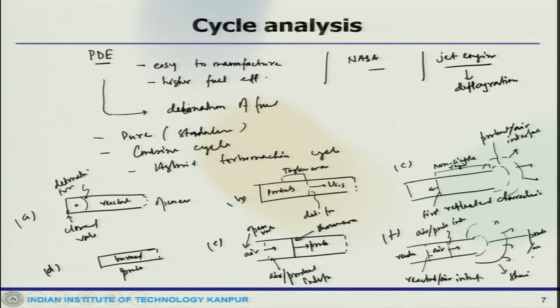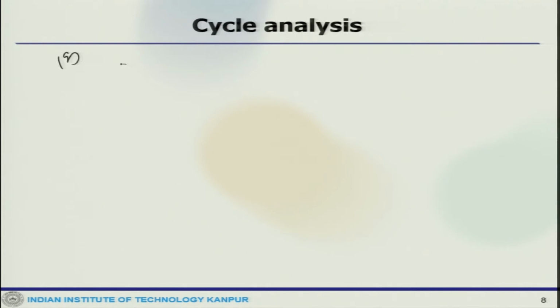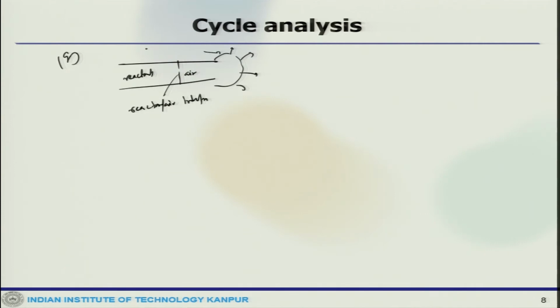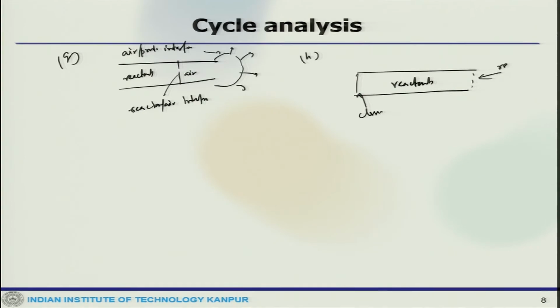Another cycle pattern could be like this, where this is air, this is reactants, these are the reactant and air interface, this is the air and product interface, and this is again a closed valve, this is completely reactants, this is again the reactant and air interface. So, you can see different sequences.